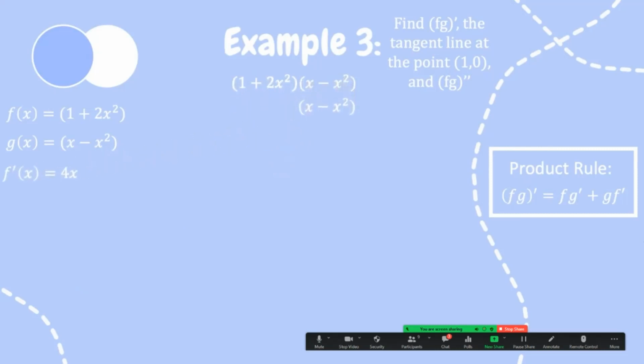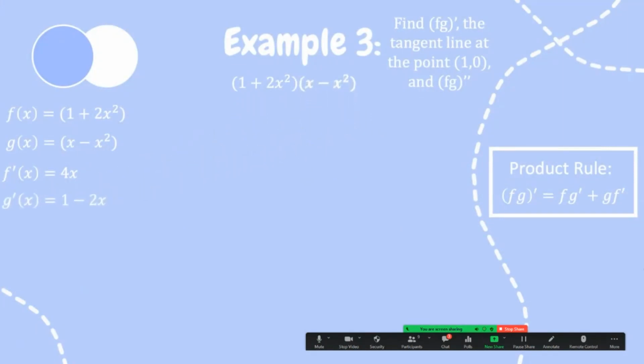Now find the derivative of x minus x squared. So this is x to the 1, which is just 1. Okay, and then x squared is 2x. The derivative of g of x equals 1 minus 2x.